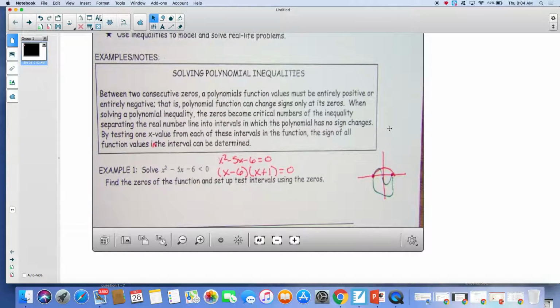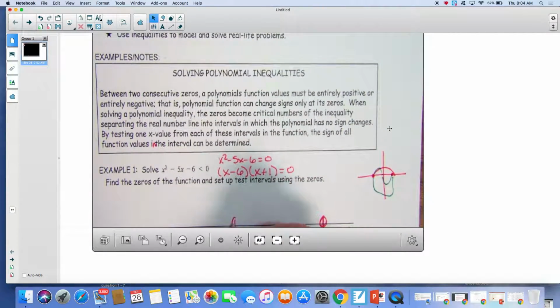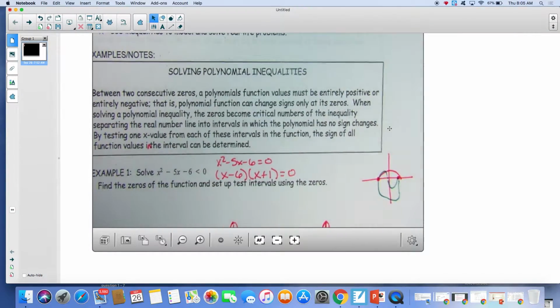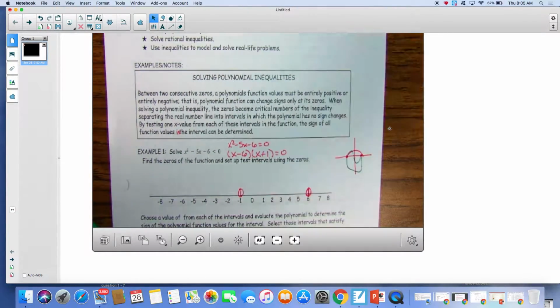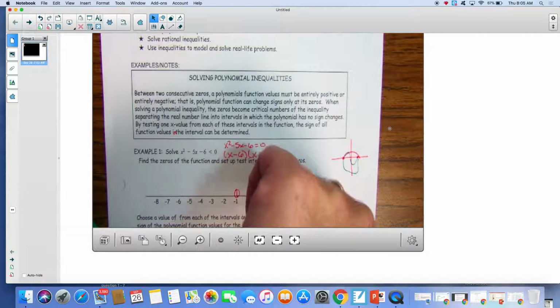So where will its zeros be located? At 6 and at negative 1. So how many different intervals do we have? We have 1, 2, 3.